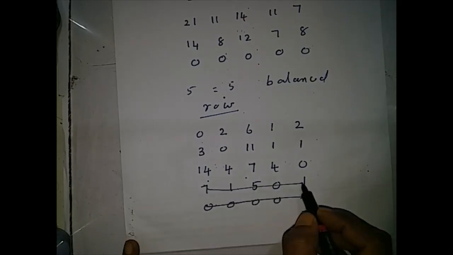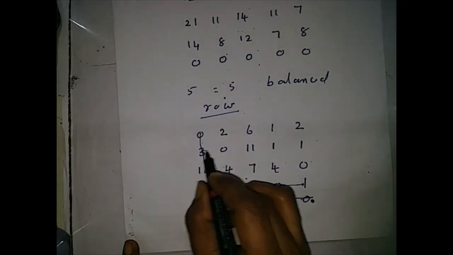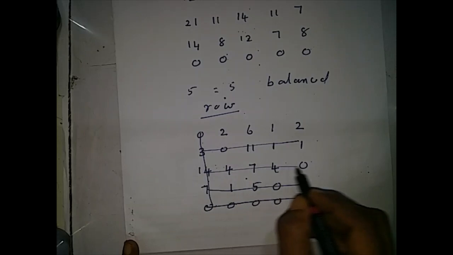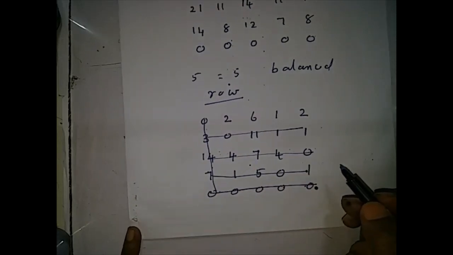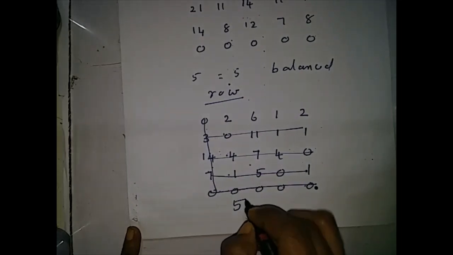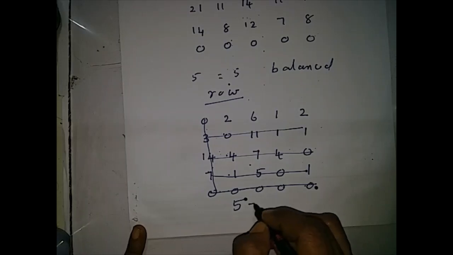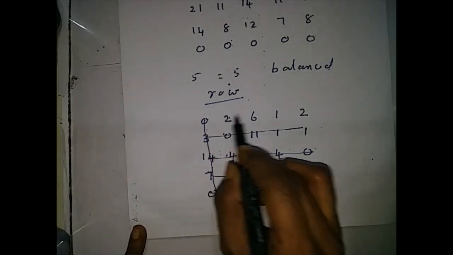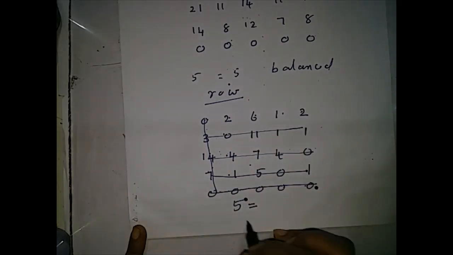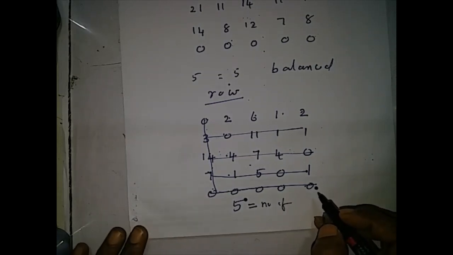This 0, this 0, this 0, this 0. No, we required 1, 2, 3, 4, 5. 5 lines we required to cover all the zeros. Minimum number of lines to cover all the zeros is equal to 5. But 5 is equal to the number of columns, or 5 equal to the number of rows. Okay. So minimum number of lines equals the number of rows or number of columns.